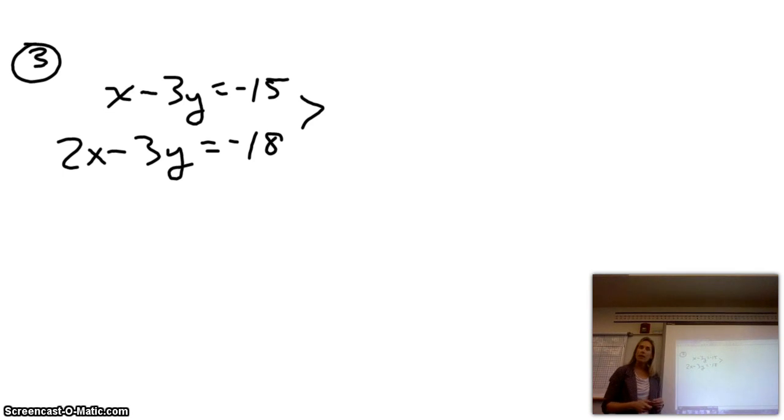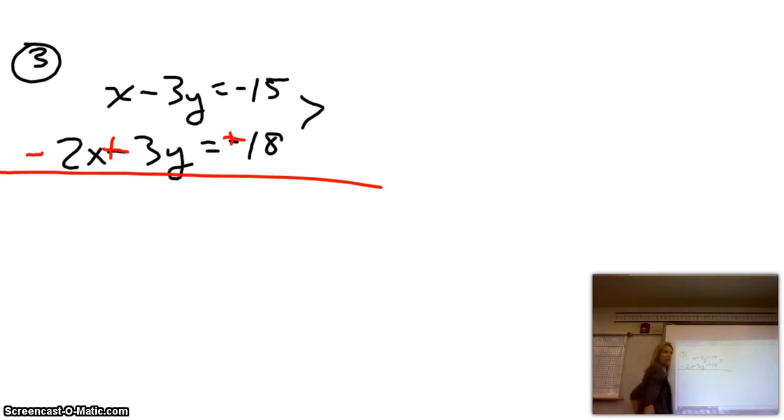I would subtract both of them together. Okay, so she's going to subtract the second equation. And so when we subtract, we're really adding the opposite of each term, right? So I just like to say opposite, opposite, opposite, and now add. She's subtracting by adding the opposite of each term, which leaves us with what here, Jenna?